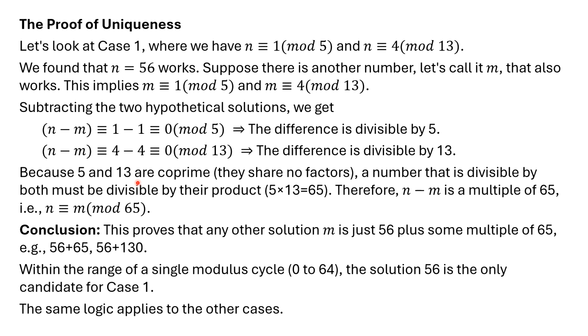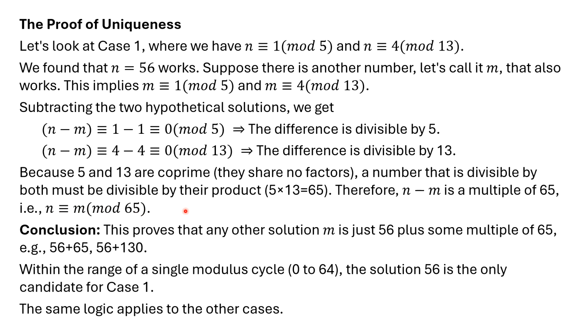And since 5 and 13 are coprime, relatively prime, in other words, they share no common factors other than 1, a number that is divisible by both must be divisible by their product, which is 65. Therefore, n minus m is a multiple of 65, or n is congruent to m mod 65.